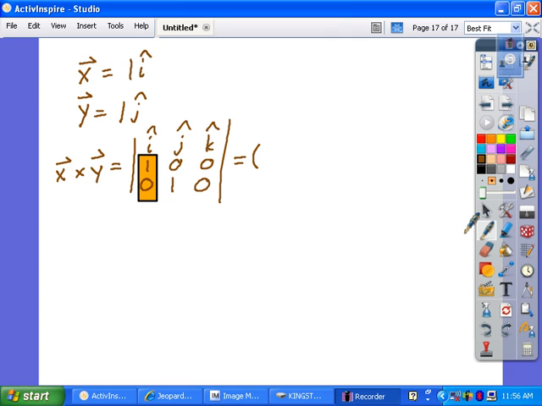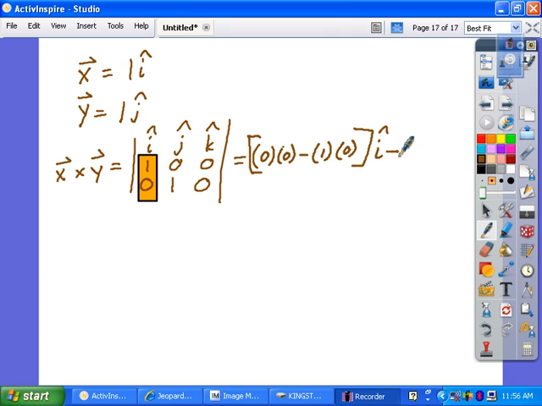So it's going to be AY BZ, which is 0 times 0 minus 1 times 0 in the i hat. 0 times 0 is 0, 1 times 0 is 0, 0 minus 0 is 0, which in essence means that I've got 0 i hat here.